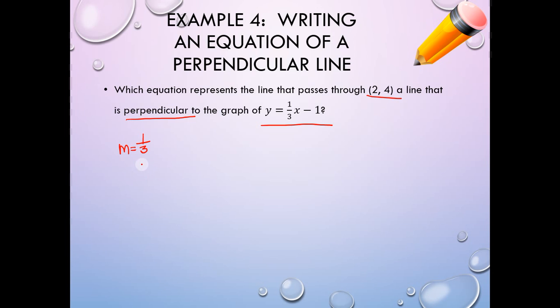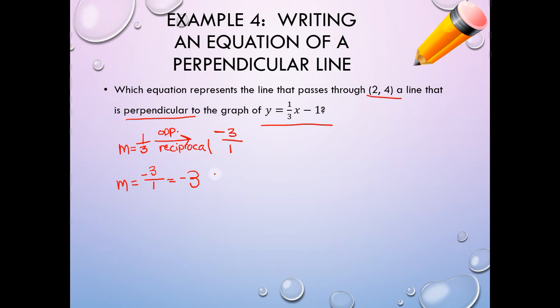I actually need to find its opposite reciprocal. Opposite would be negative, because he was positive before. And reciprocal, I need to flip it. So instead of being 1/3, I'm going to be 3/1. So my new slope, the slope I'm going to use, is -3/1, or just simply -3.